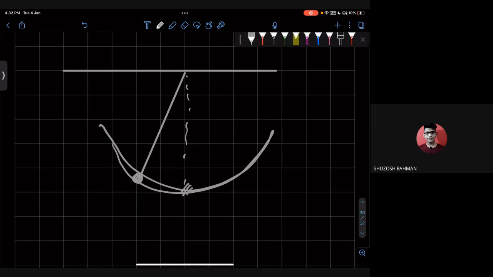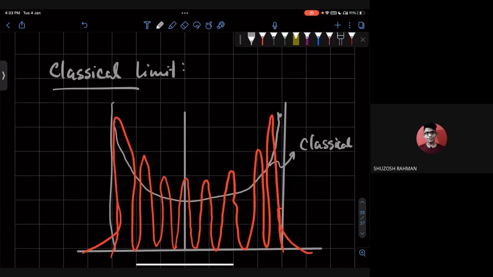Now, if I say, okay, how much time does this bob spend in this area as opposed to this area, right? So the more time the bob spends in this area, the bigger the probability you have of finding it there, right? Yeah. So this is the probability density for that, okay?